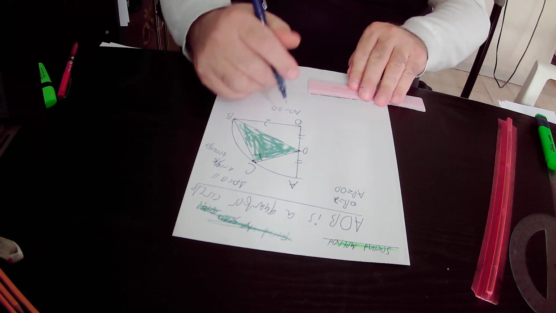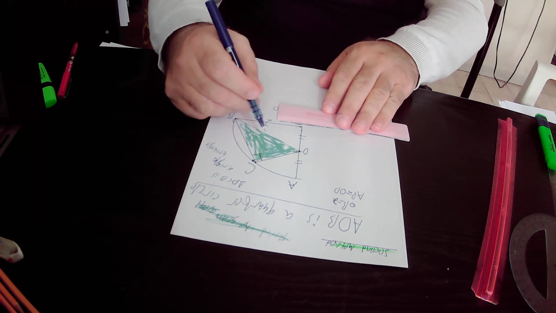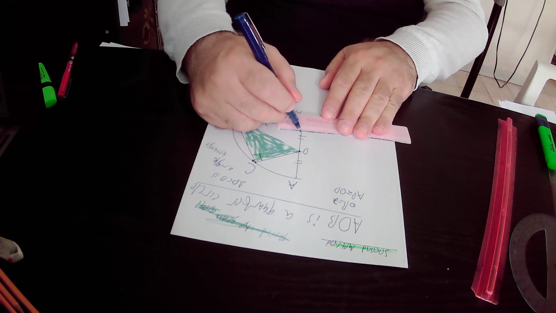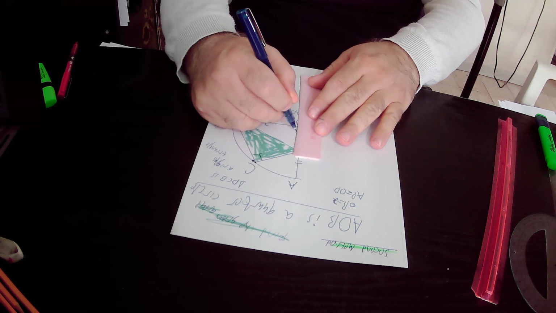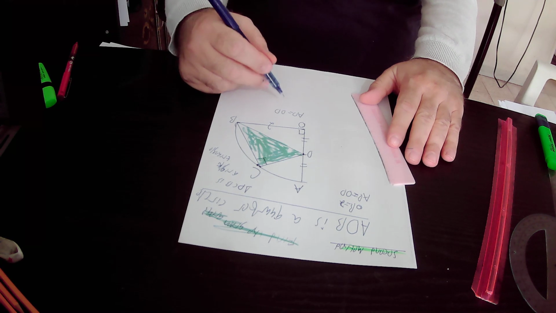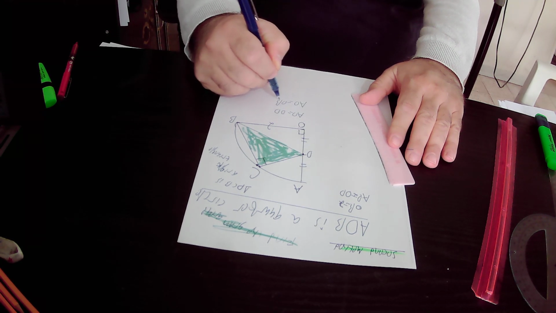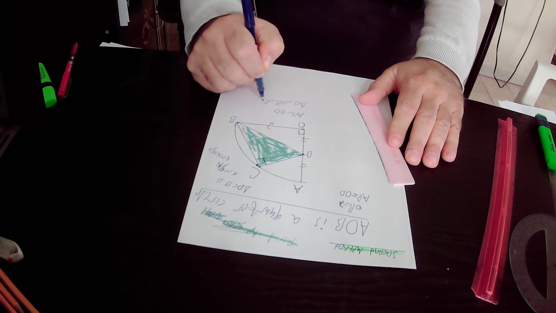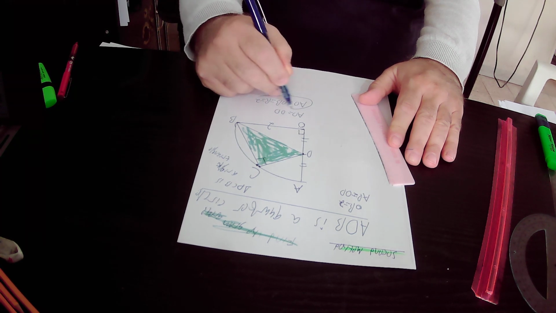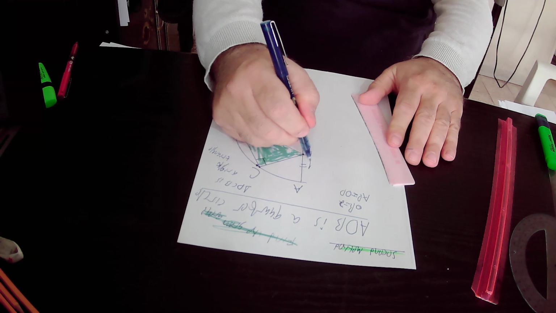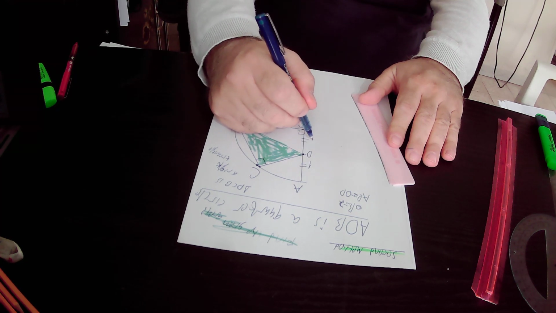Because AOB is a quarter circle, angle AOB equals 90 degrees, and AO equals OB, it is the radius of the quarter circle, that is equal to 2 units. We have already found out that AD equals 1, therefore the other part will also be equal to 1.